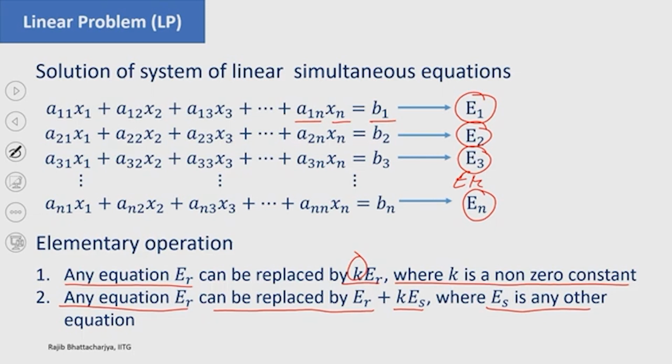In that case also the solution will not change. These two are known as elementary operations. So, first, I can multiply an equation by a constant, then the solution will not change. Second, I can replace an equation Er by Er plus k Es. Then also the solution will not change. So, by using these two operations I can solve this problem.